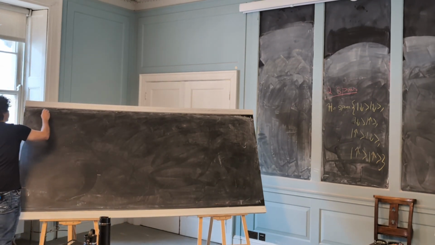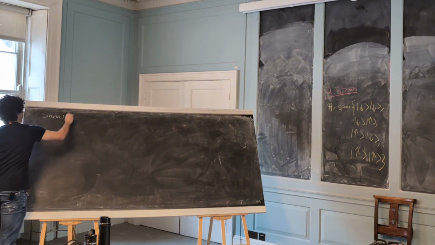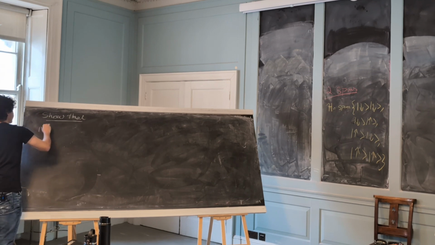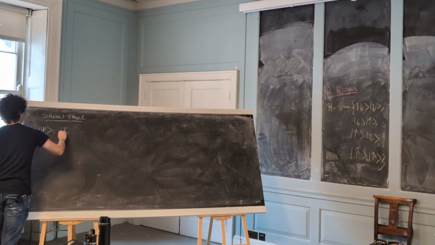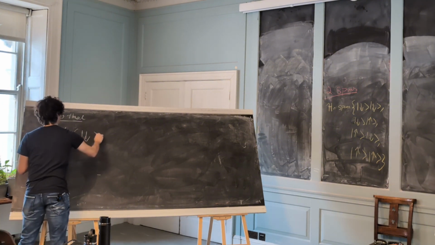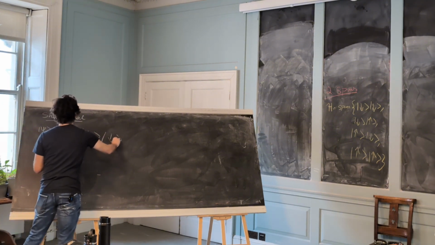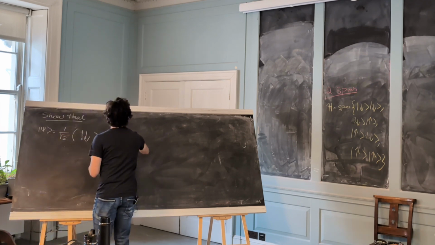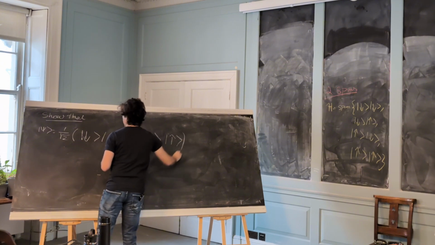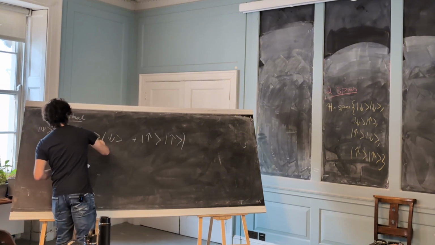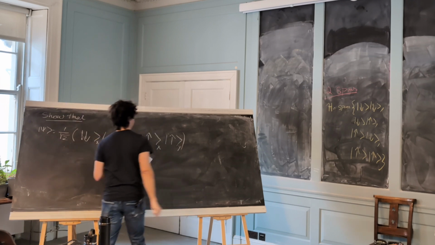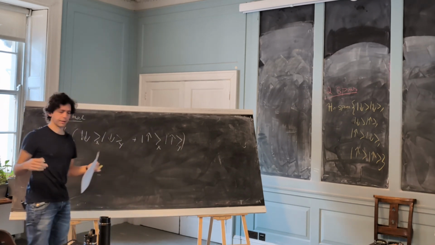So show that if I start from this state, I'm going to call it psi, and I'm going to call spin 1 x and spin 2 y, just to distinguish between them. Okay.